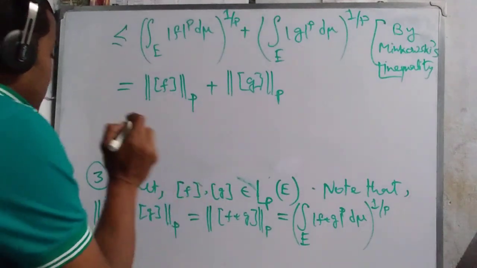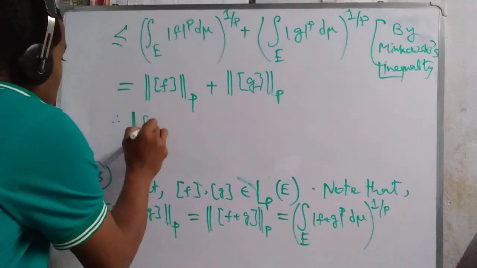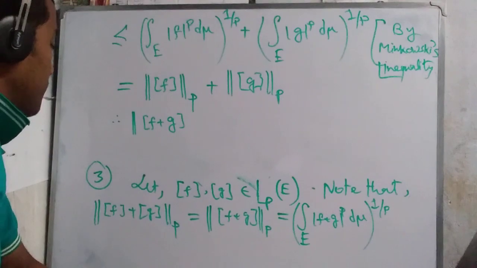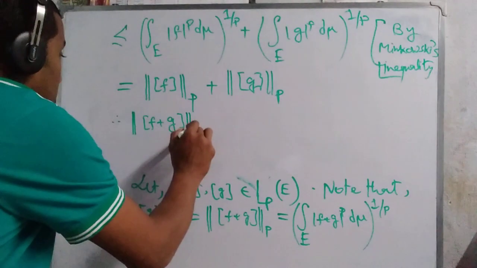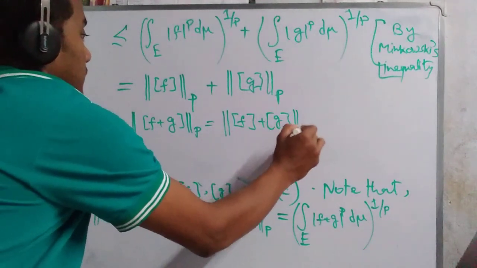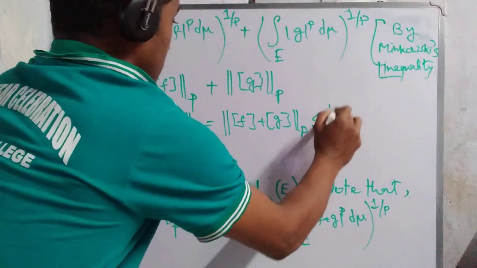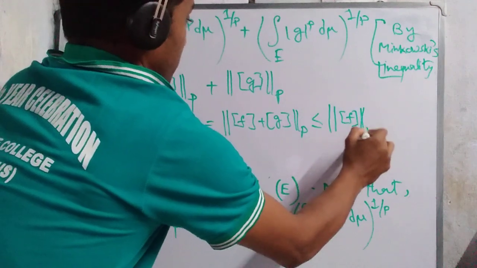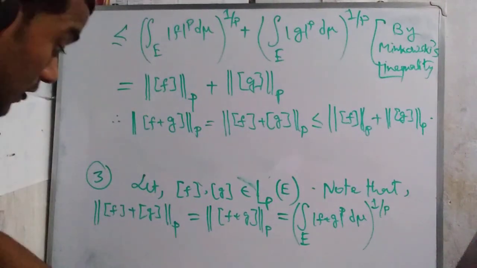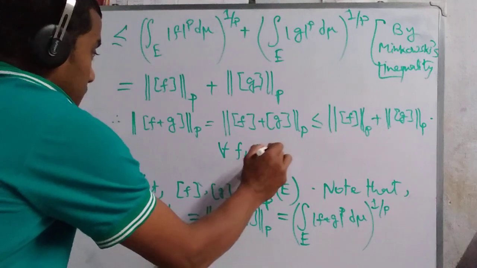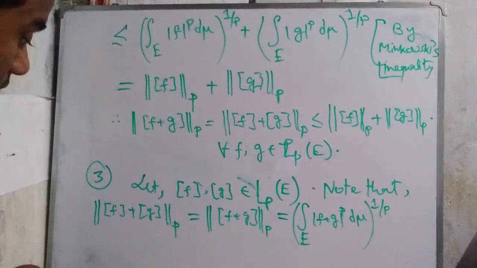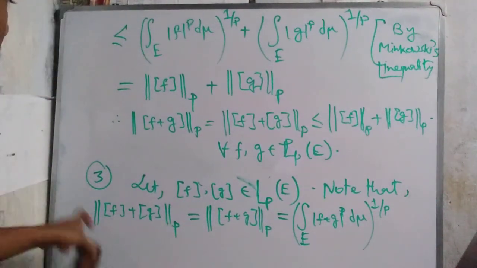So what we get: norm of the class f plus g p equal to norm of f plus g p is less than or equal to norm f p plus norm g p, for all f, g belongs to L^p(E), the set of all p integrable functions. Okay, then what we get?